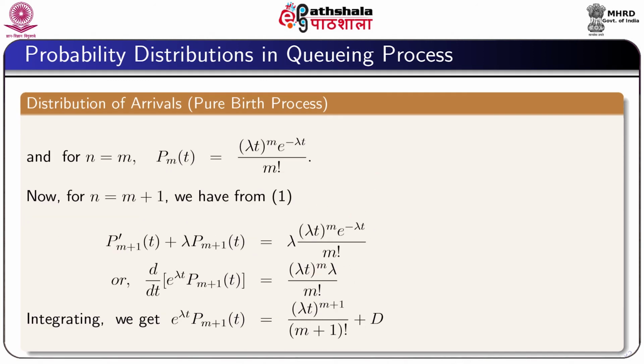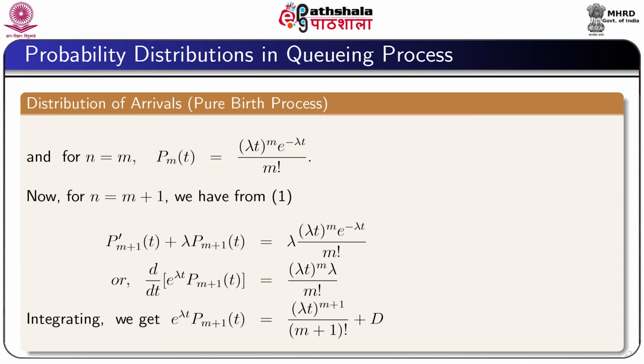And proceeding in this way, we can find for n equal to m, Pm(t) equal to e to the power minus λt into (λt) whole to the power m by factorial m. Now, for n equal to m plus 1, we have from 1, P(m+1)'(t) plus λ P(m+1)(t) equal to λ into (λt) whole to the power m into e to the power minus λt divided by factorial m.